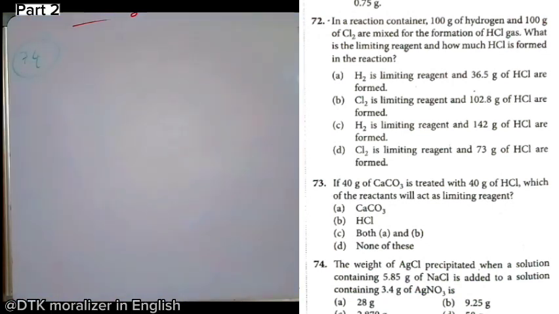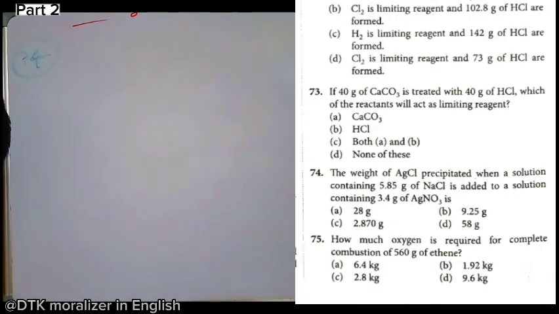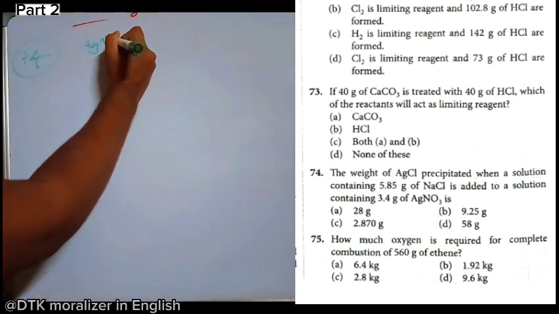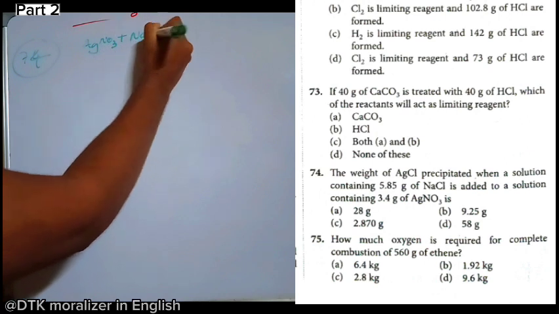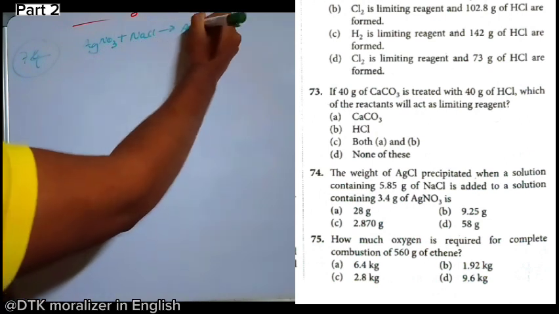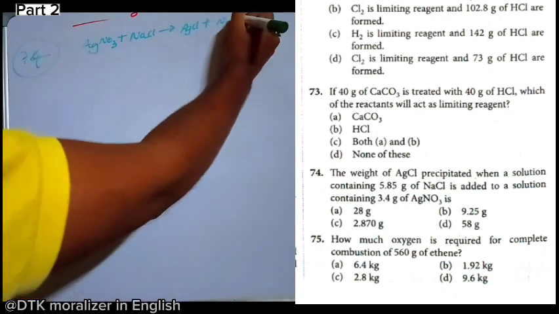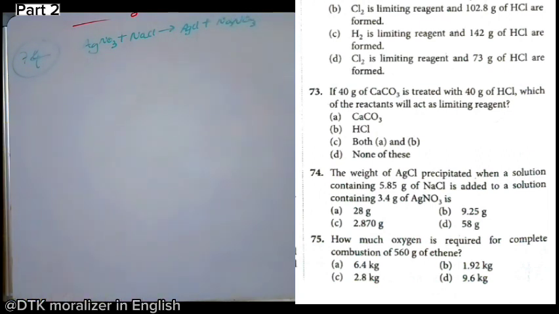The weight of silver chloride precipitated when a solution containing 5.85 grams of sodium chloride is added to a solution containing 3.4 grams of silver nitrate is? So here, as you can see from the question, silver nitrate plus NaCl gives silver chloride and sodium nitrate.